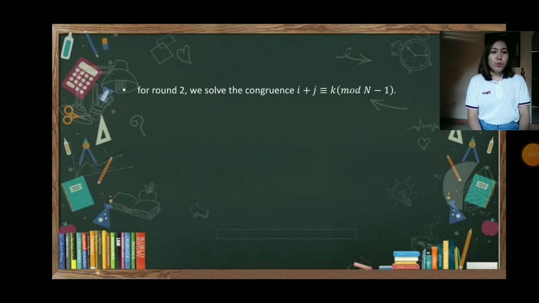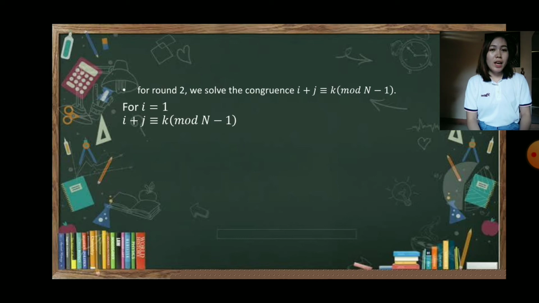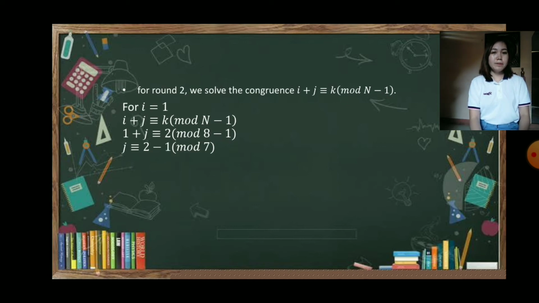For round 2, we solve the congruence i plus j congruent to k mod n minus 1, for i equal to 1. 1 plus j congruent to 1 mod 8 minus 1. j congruent to minus 1 mod 7. j congruent to 1 mod 7.